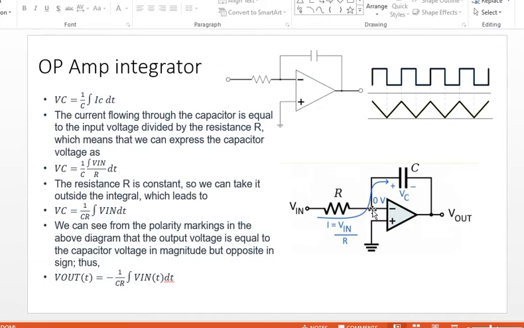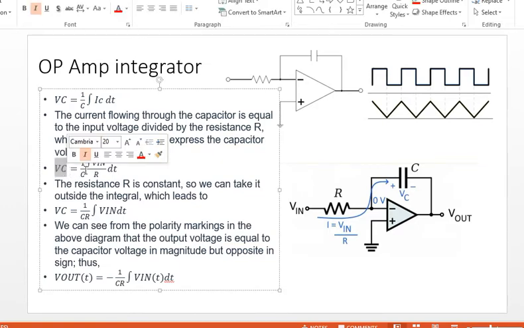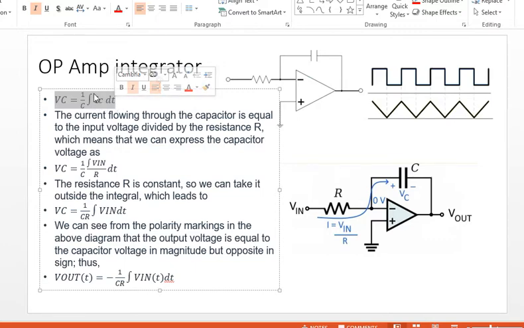But in other words, you can also say that V output or VC is equal to 1 over C times the integral of IC, right? And here in this specific condition, your IC is V in by R.